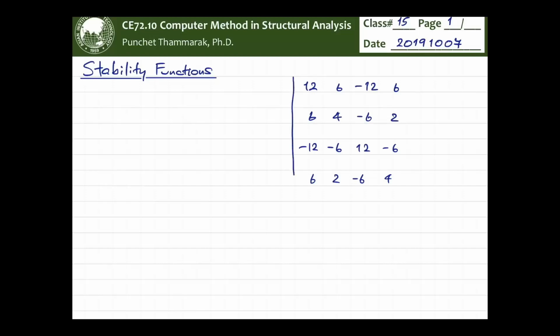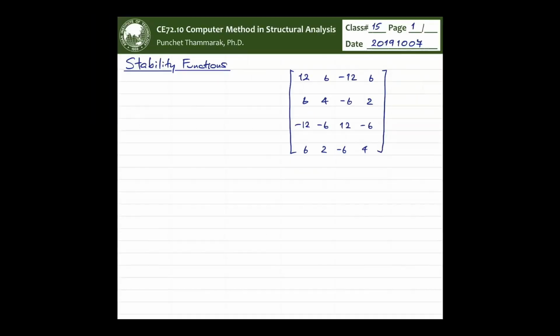So basically this is the stiffness matrix for the beam without the presence of axial force. So if we consider the axial force, then the entries in here will be all changed, subjected to the effect of the axial force. So your structure, the stiffness will be modified by taking the axial force into account.